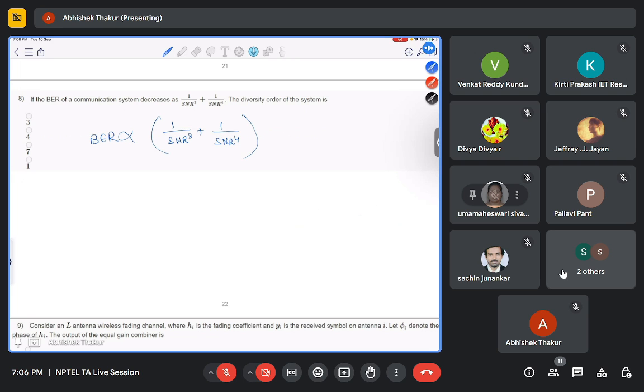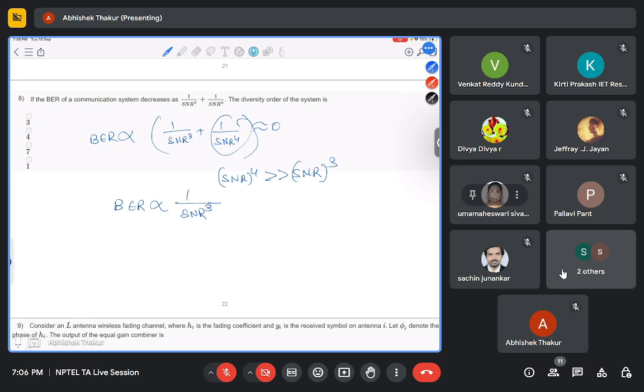Okay, so whenever SNR is very high, SNR to the power of 4 will be much greater than SNR to the power of 3. So this term is negligible, close to 0. So we can take it like this.